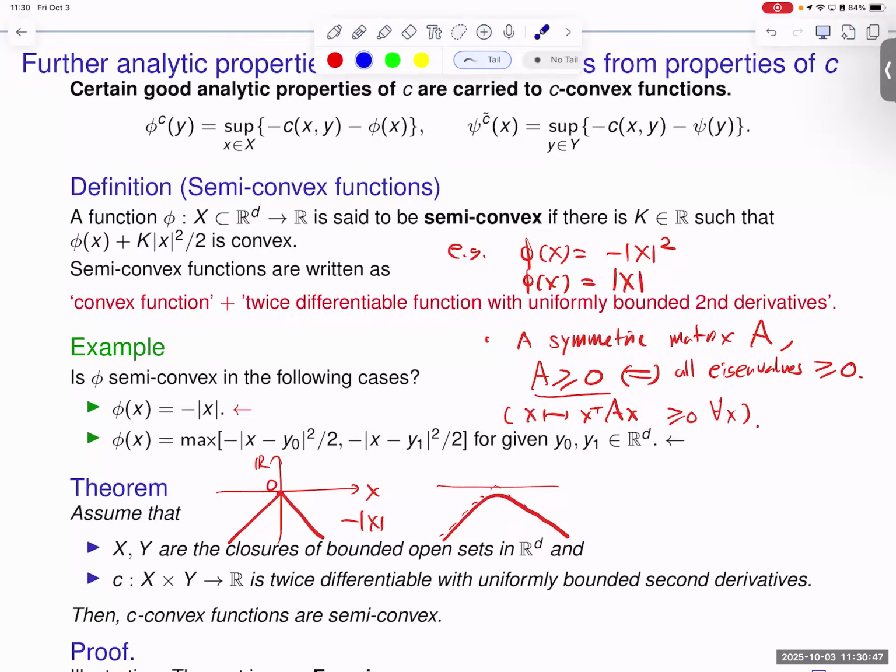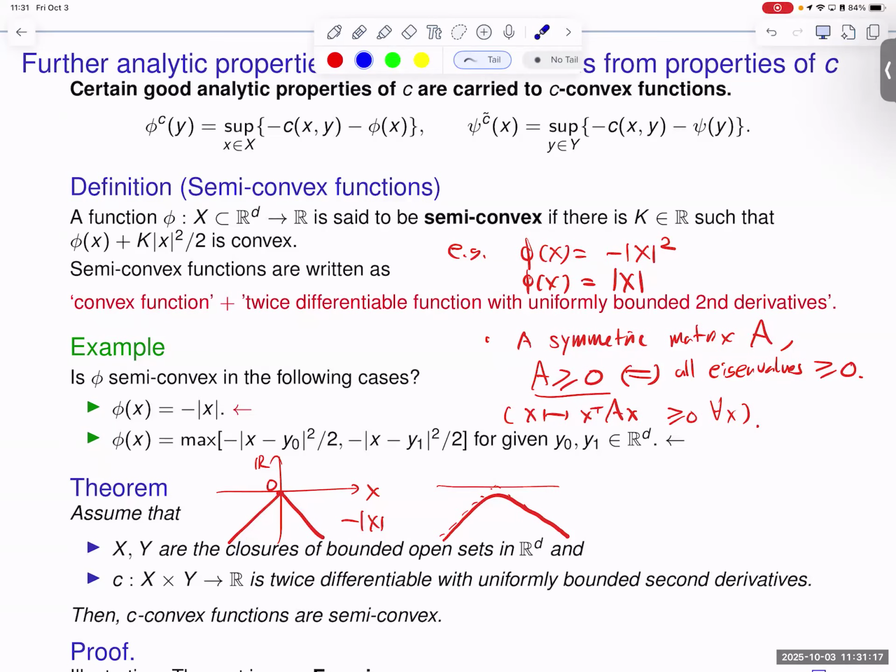In that generalized sense, the second derivative is, I'm sorry, negative infinity, because it's a concave function. So it doesn't have a lower bound on the second derivative.